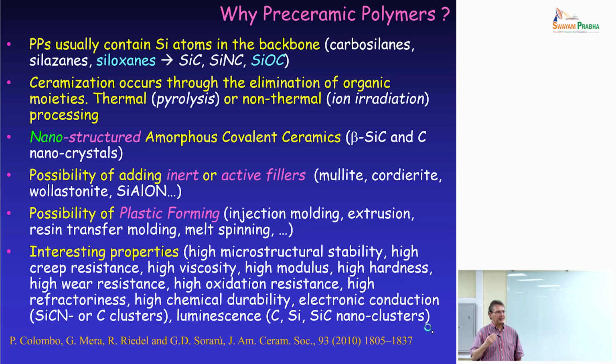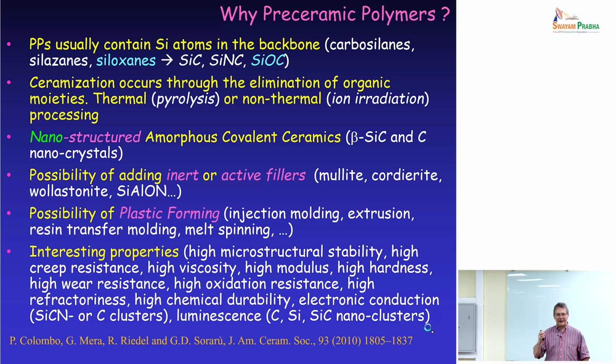Why are we interested in preceramic polymers? Well, even if you're not adding any fillers, they will give you materials based on either silicon carbide, silicon carbonitride, or silicon oxycarbide. And especially the last two materials have some interesting and unique properties due to the microstructure at the nanoscale.